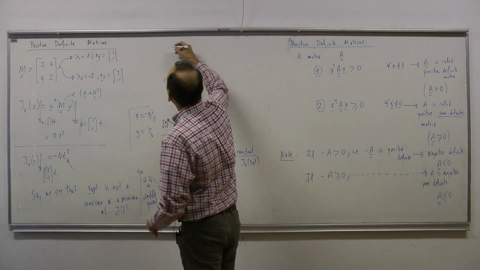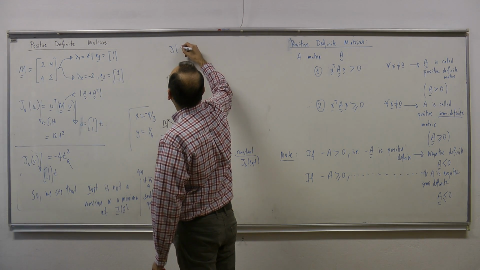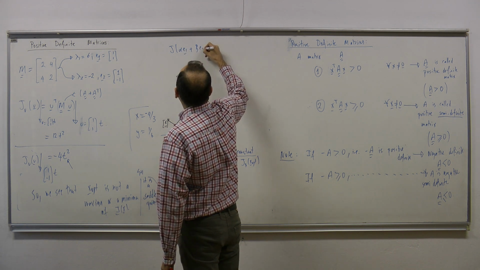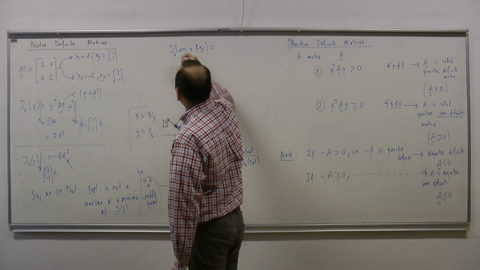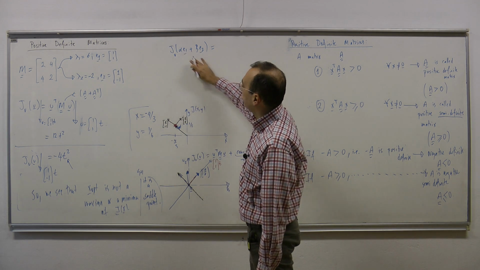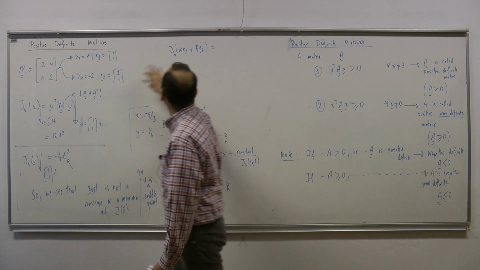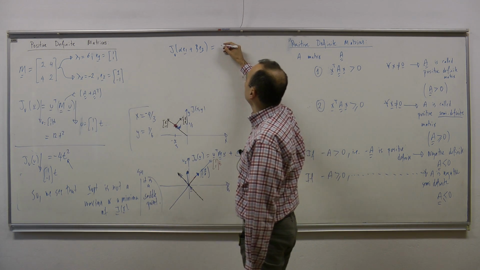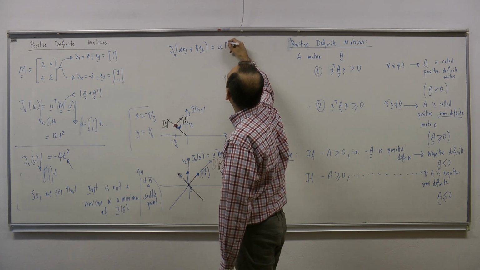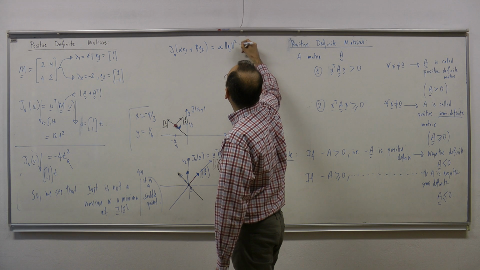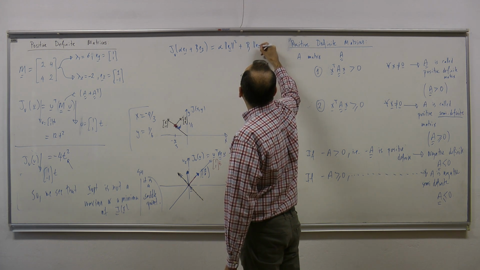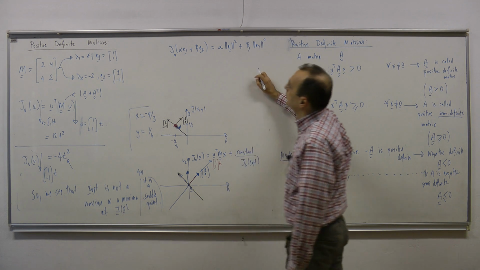So what do I mean by that? If I, for example, move by alpha E1 plus beta E2, now I have eigenvector 1, eigenvector 2 scaled by alpha and beta. What will be this function, if that will be the case? So I get the following. Now I have alpha E1 square plus beta E2 square. Okay?